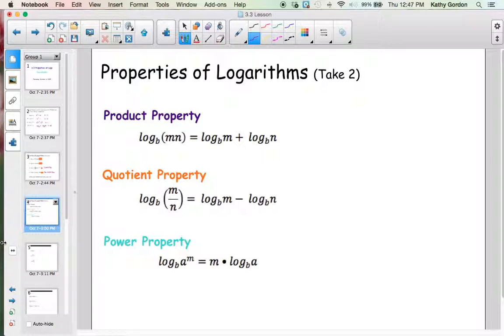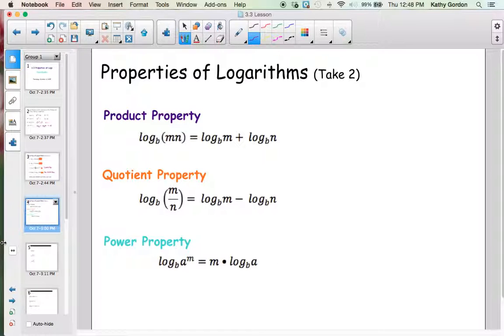Okay? Now again, if you stop and think about it for a second, you should hopefully once again see that connection between logs and exponents. Because we just got done saying that basically when I evaluate a log, what I'm looking for is what would the exponent be when I changed it to exponential form, right? K was always up there in the exponent, so we were looking for what K would be.